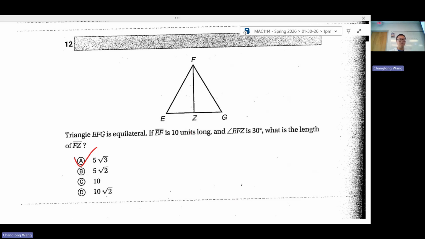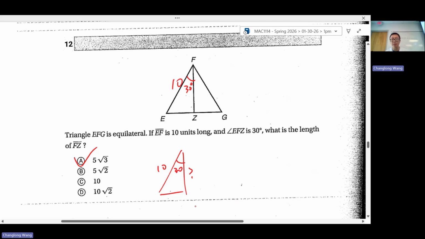So now let me put it down, just in case you want to refer to it. You have 10 units for EF, and we have an angle here, which is 30 degrees. And you're looking, in this right triangle, this is 10, that's 30, and you're looking for the question mark.